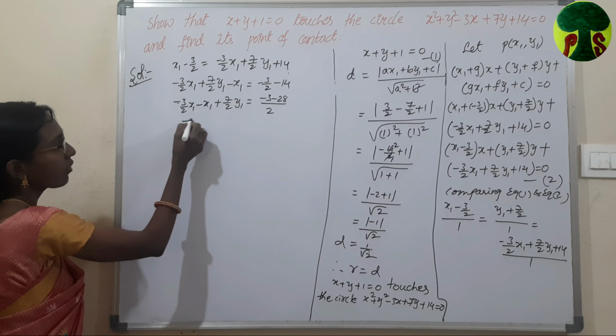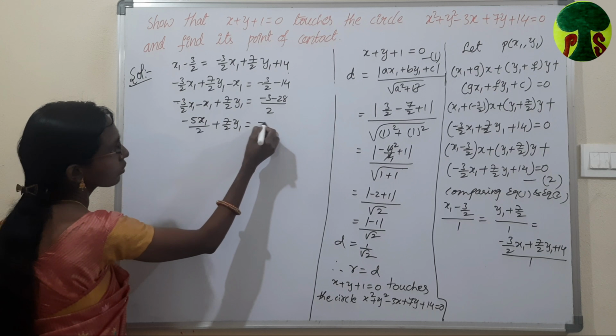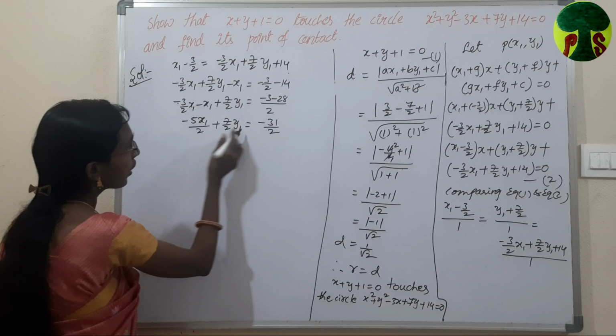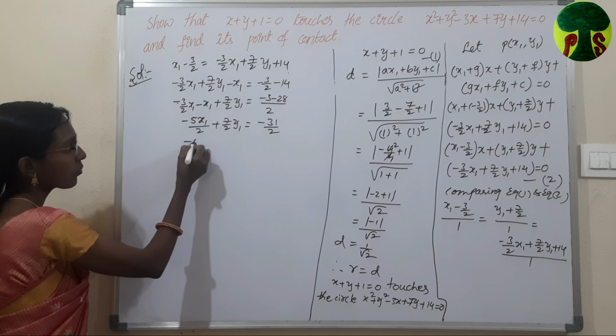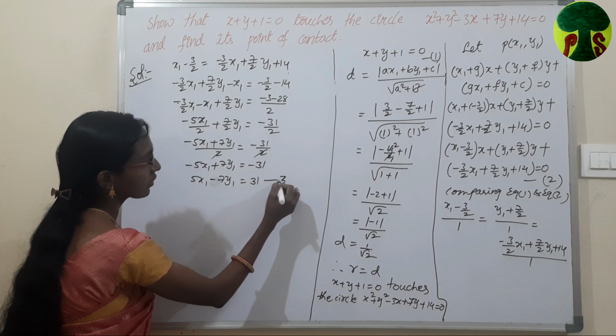Finally, we will get minus 5 x1 by 2 plus 7 by 2 y1 is equals to minus 31 by 2. LCM is 2. We will get minus 5 x1 plus 7 y1 by 2 is equals to minus 31 by 2. 2 cancel. Finally, the equation is minus 5 x1 plus 7 y1 is equals to minus 31. Taking minus common, we will get 5 x1 minus 7 y1 is equals to 31. Let it as equation 3.